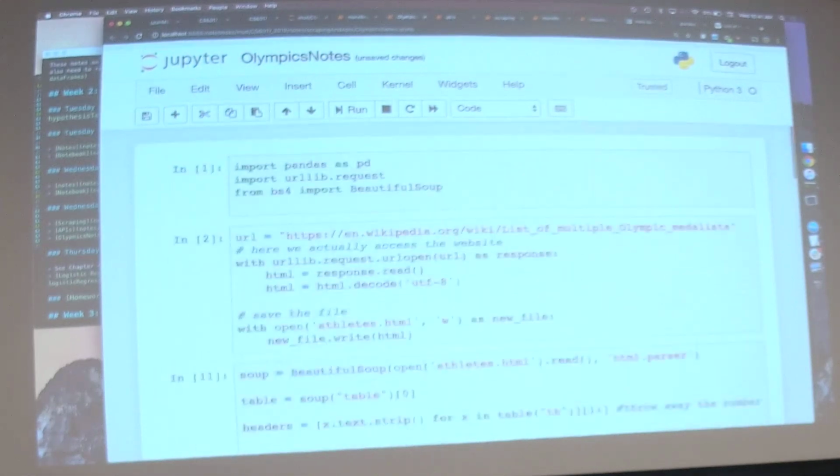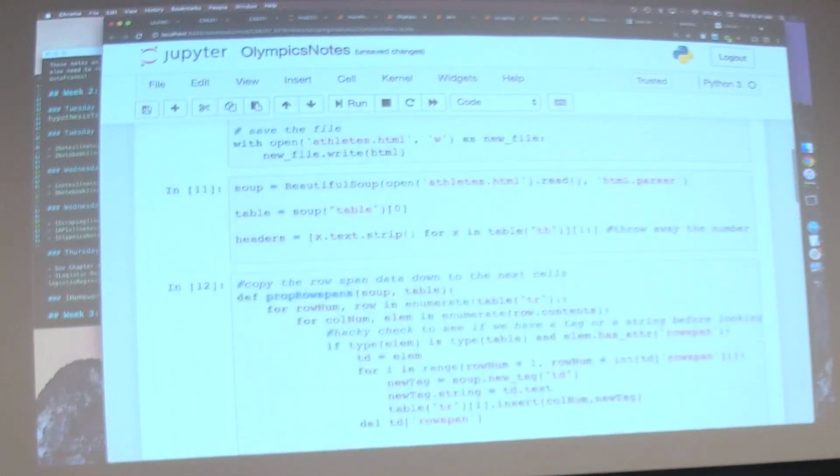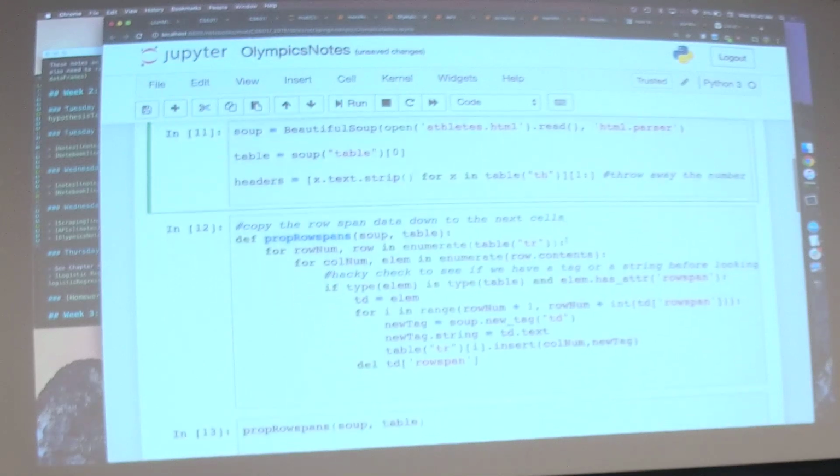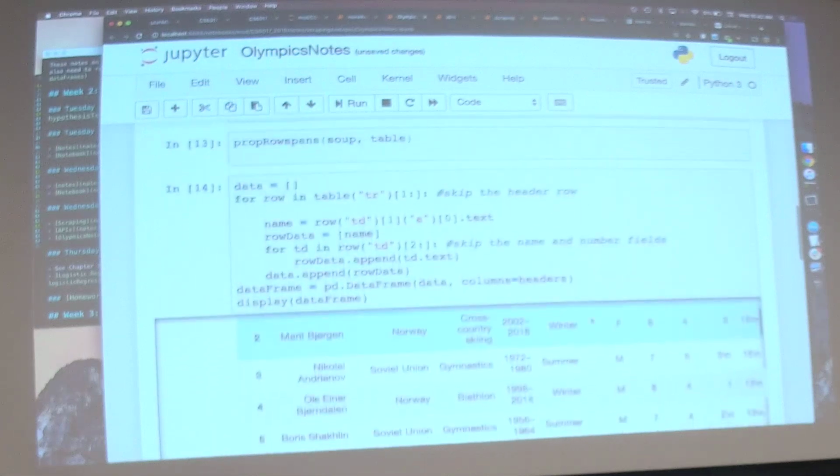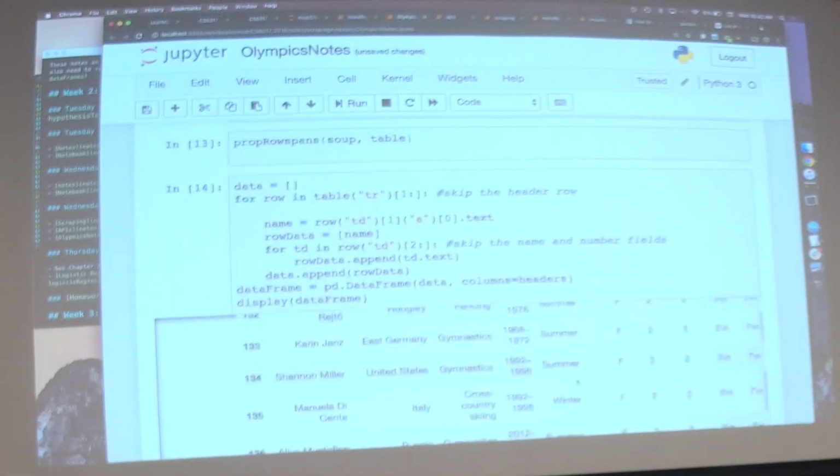So some tricky stuff I had to deal with here. White space, so strip is your friend. The row span stuff was a big pain, to copy that element into each row that it was part of. And then after that, it was pretty smooth sailing.